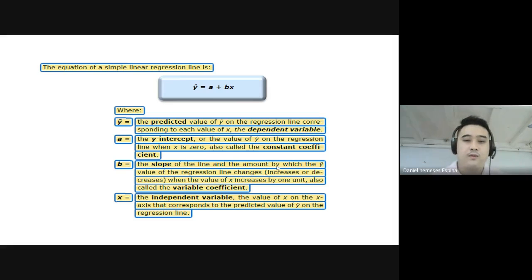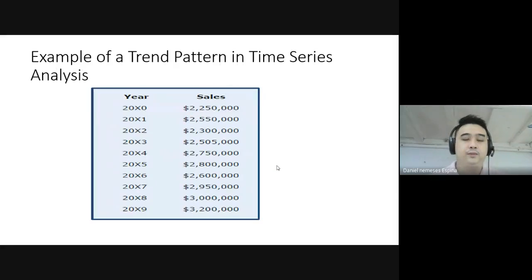Okay. So y is the dependent variable here. So let's have a pattern.